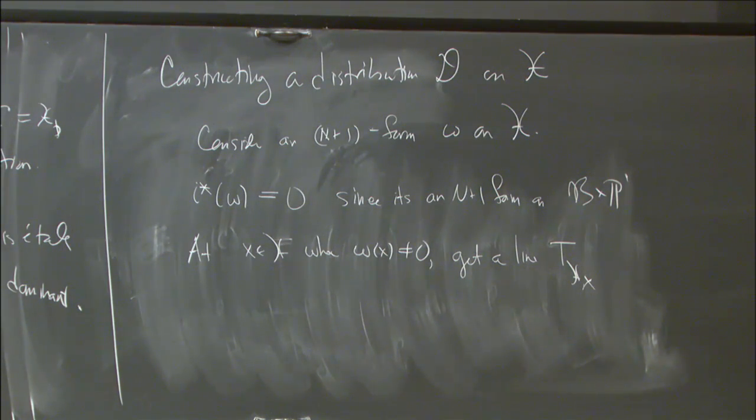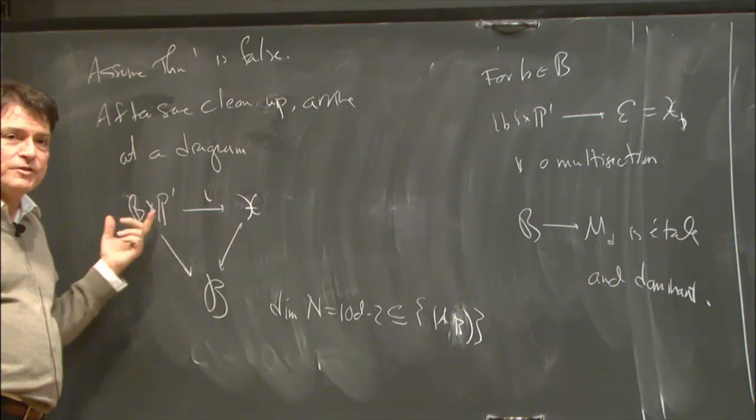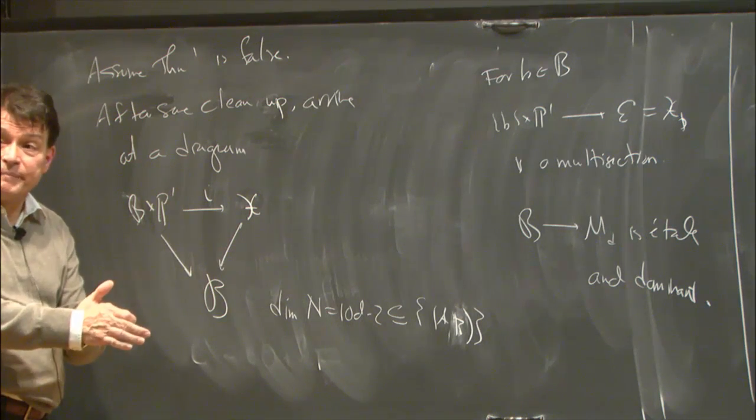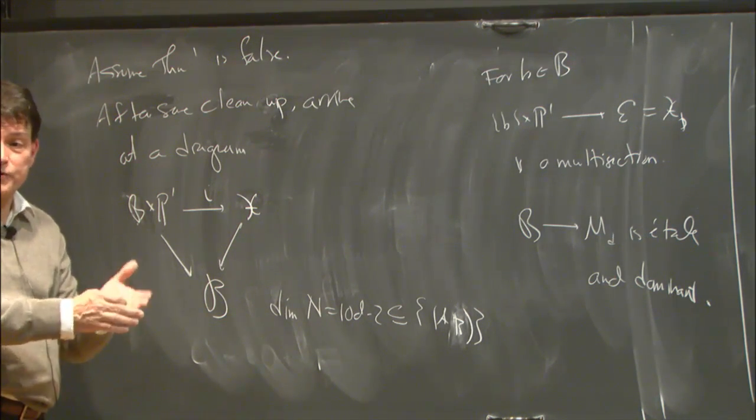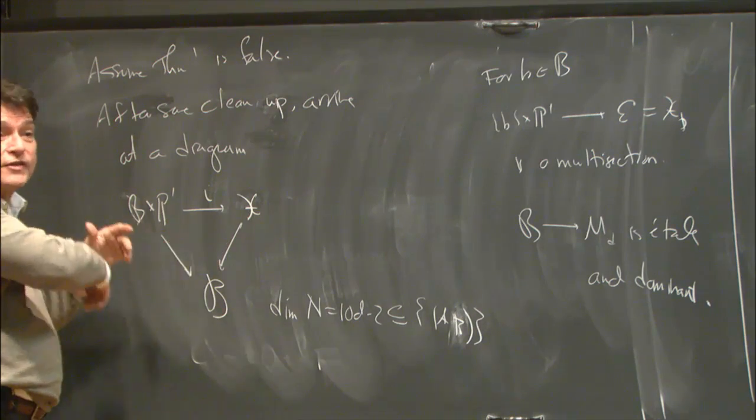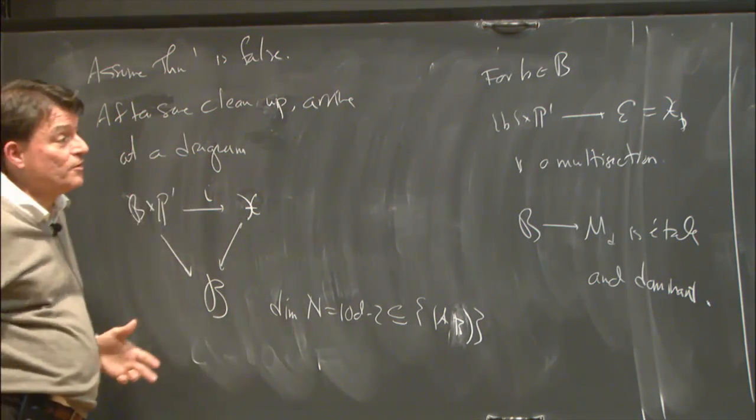So I get a line in the tangent space at that point. And the vanishing here is exactly saying that the image of this map, the image of the tangent space under this map, contains that line. So every time I write down an n plus 1 form, I've sort of put a differential restriction on this. I write down as many as I can, and I get some distribution.